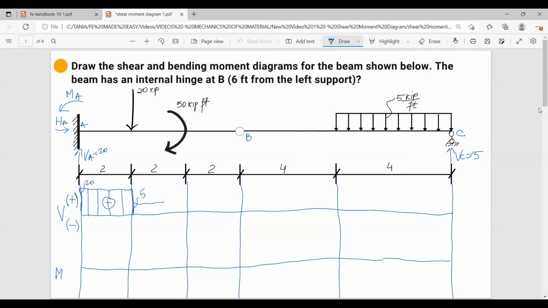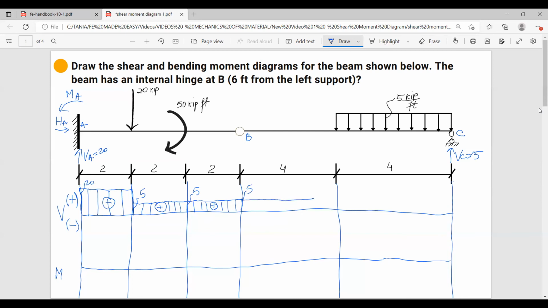And then moving forward, the diagram is going to look constant. Here we have 5 kips as well. Okay, moving forward, nothing is happening on this section, so the diagram is going to be constant. Okay, here we have 5 kips as well. And now from here, nothing is happening on this section either.